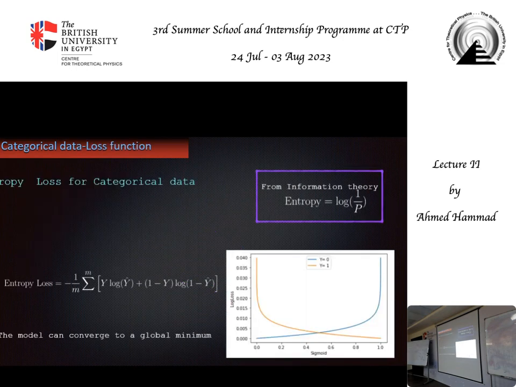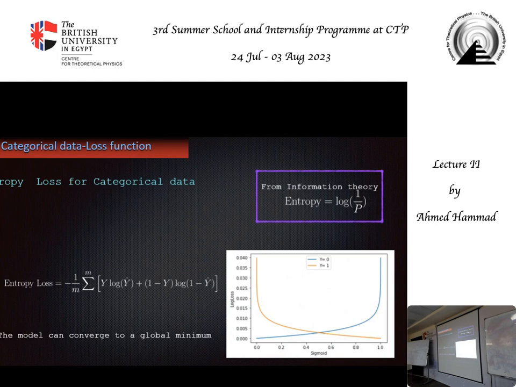And that one is called the cross entropy loss function, and this is how it looks. The entropy is very well known from information theory. It tells you about the uncertainty of an event taking place.